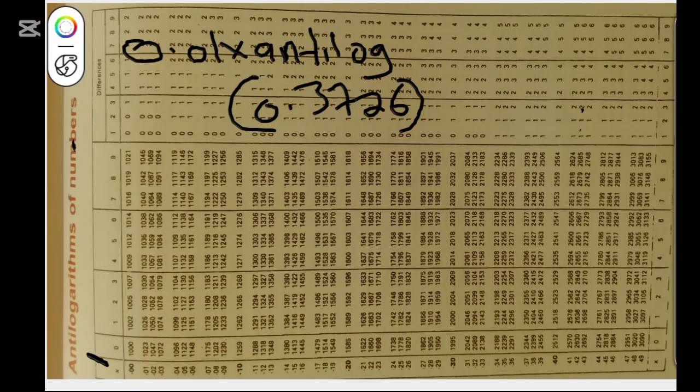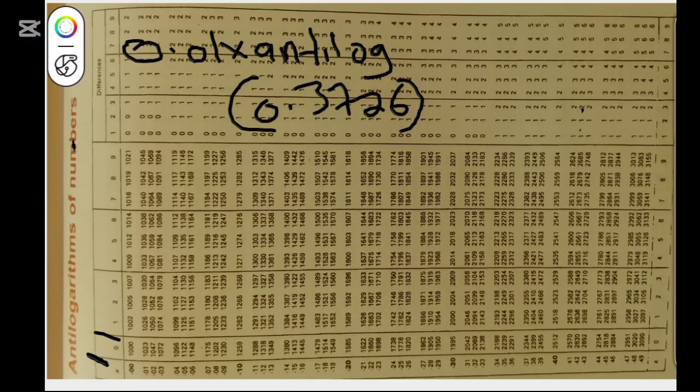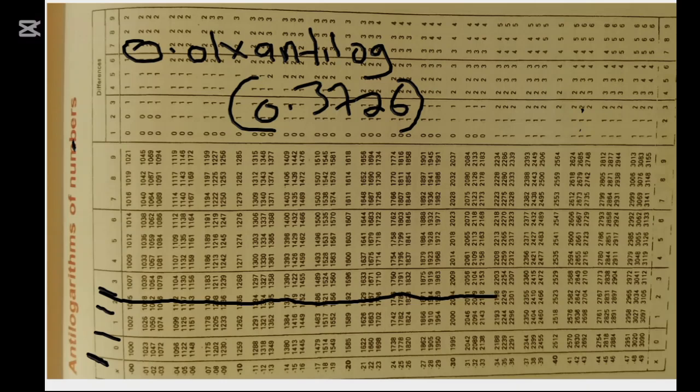After finding 37, then we have to take a look at this 2. What should I do with this 2? I have 0, I have 1, and I have 2. So I have to take a look at this 2 and come across until I come across 37.